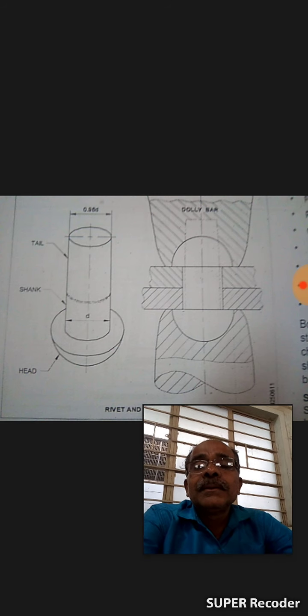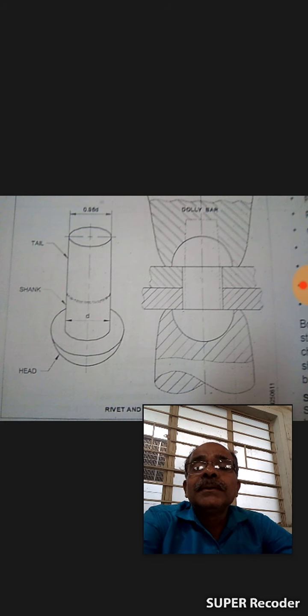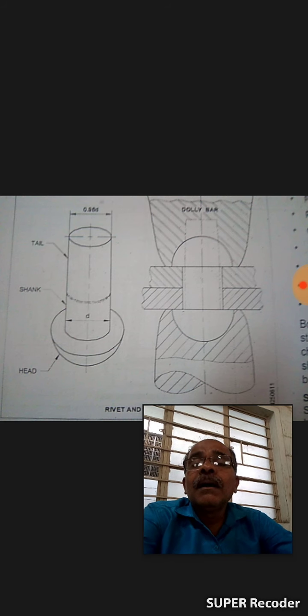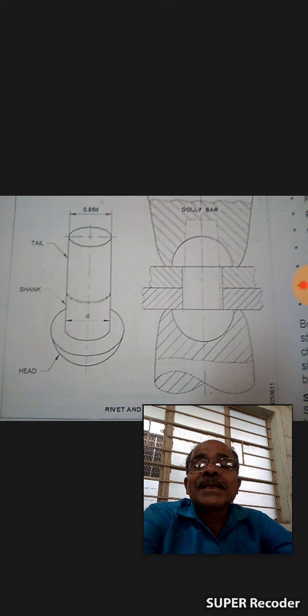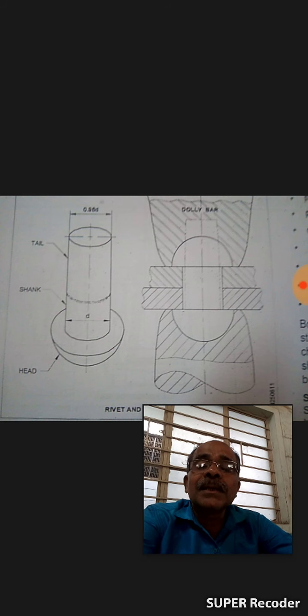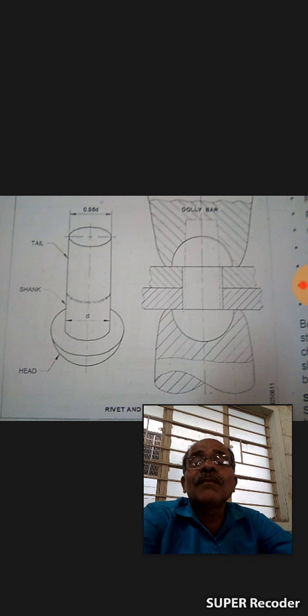Here a clear picture of a rivet is there. These are specially used for permanent fastening. Fastening is very necessary to assemble the machines, and for sheet metal workers and fabricators also.